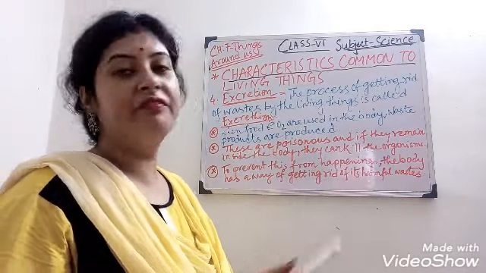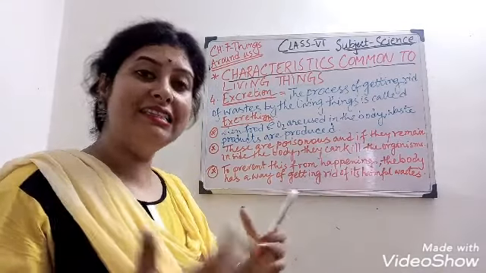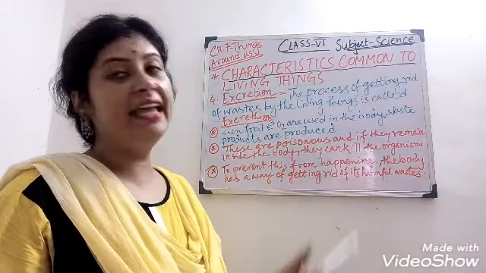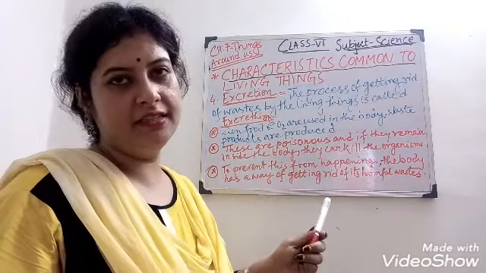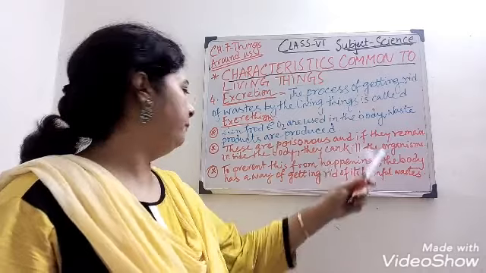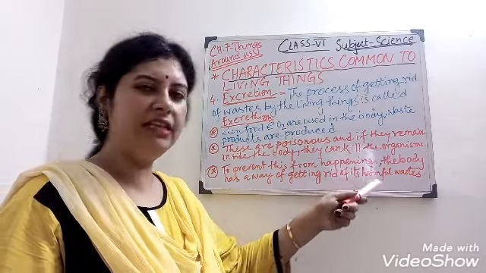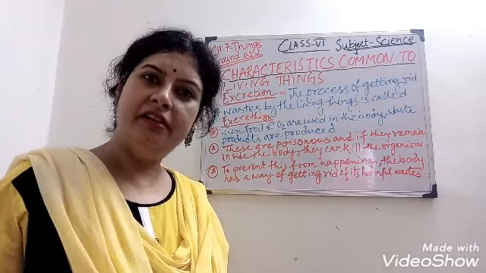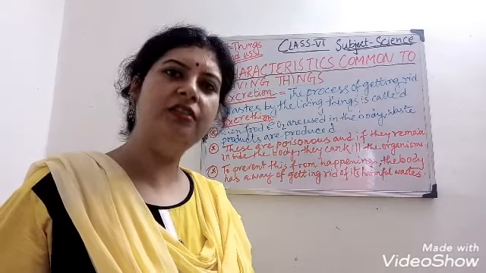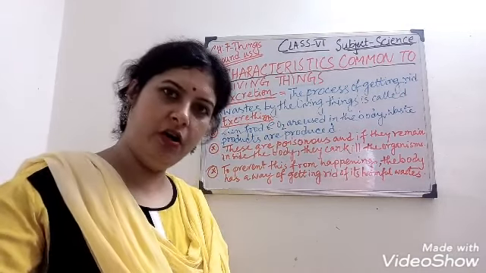These are very poisonous. So, if they remain inside the body, they can kill the organism. To prevent this from happening, the body has a way of getting rid of this harmful waste. This process is known as excretion, and it is very necessary for living organisms.